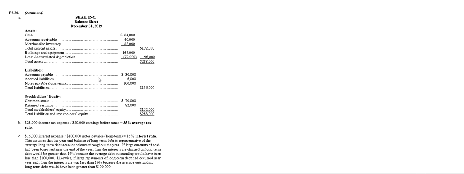This is a key part of understanding chapter 2. So let me talk about the balance sheet a little bit. You notice that the date is December 31, 2019. So all of your balance sheet accounts are considered permanent accounts, and those accounts are as of this date.